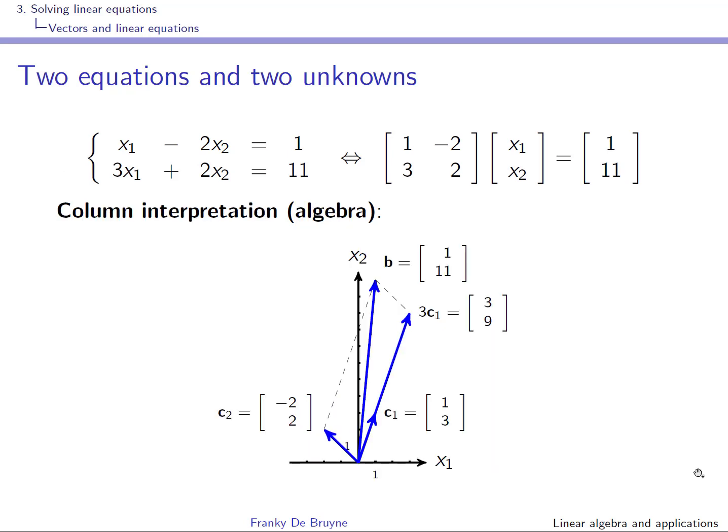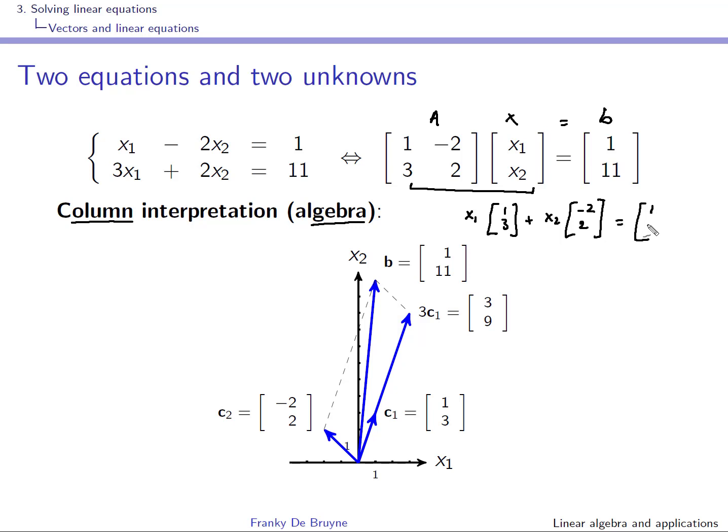Here we look at the column interpretation. Remember that this interpretation is algebraic in nature. So again, we have Ax equals b, and in the column interpretation you rewrite this as follows: Ax is actually x1 times the first column plus x2 times the second column, and it's equal to b.